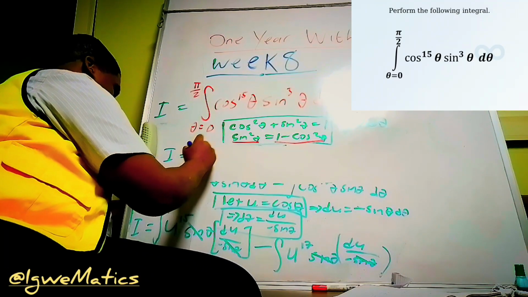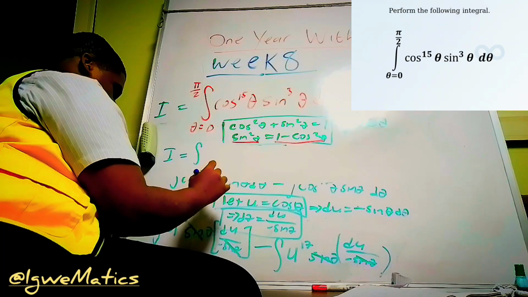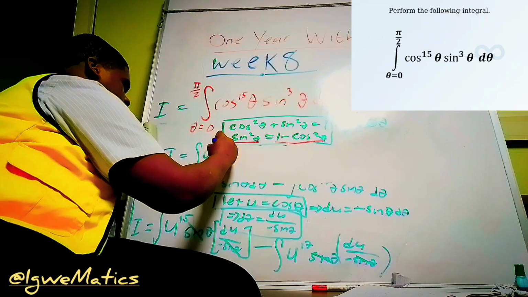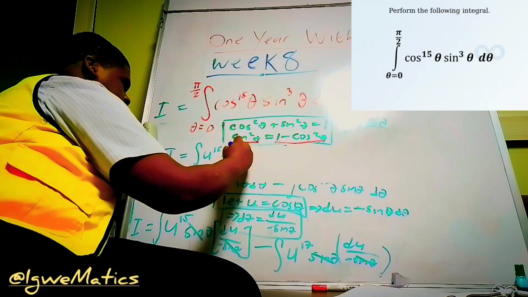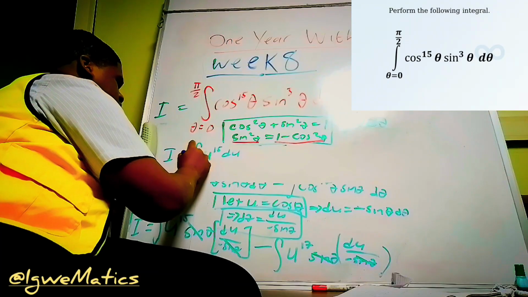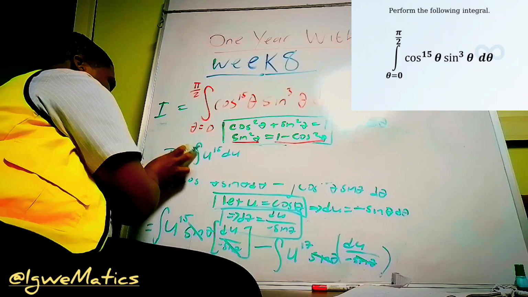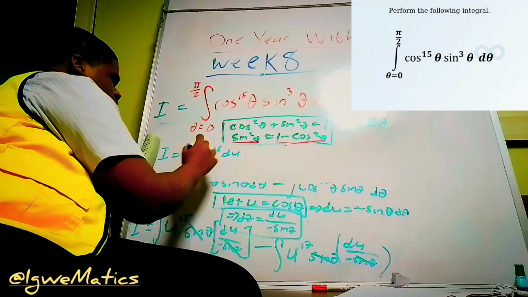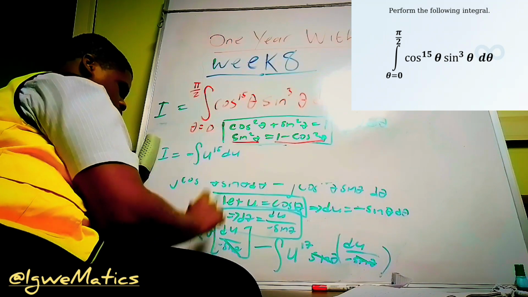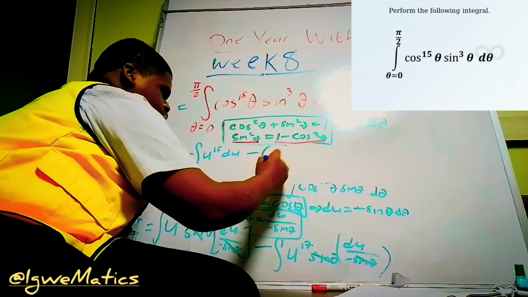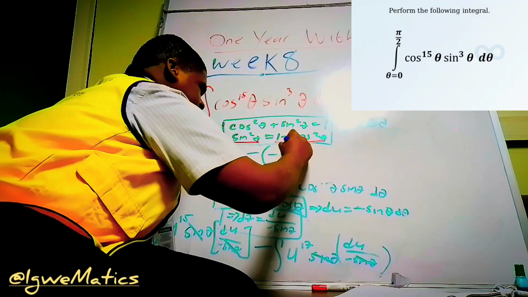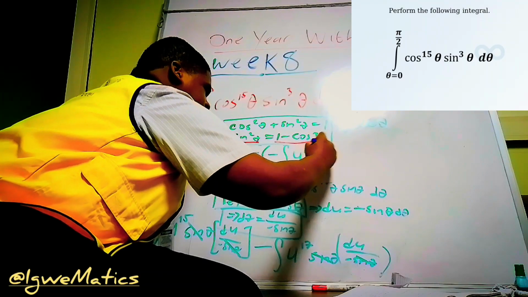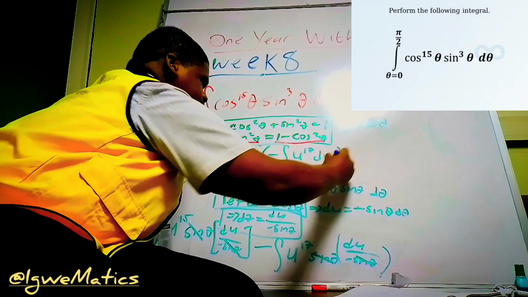I is equal to the integral of u to the power of 15 times minus du, minus the integral of u to the power of 17 du over minus 1.